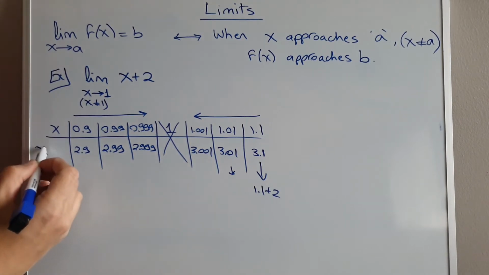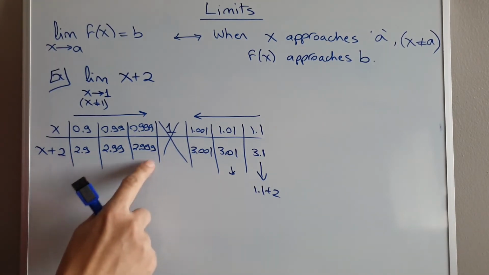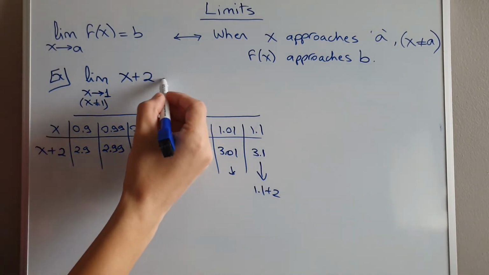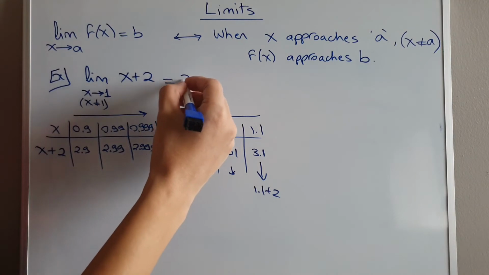These are the values of x plus 2. So if you notice, the values of x plus 2 are very close to 3. Even if I'm not getting the same exact value 3, they are close to 3, and this allows me to say that the limit of x plus 2 as x approaches 1 is 3.